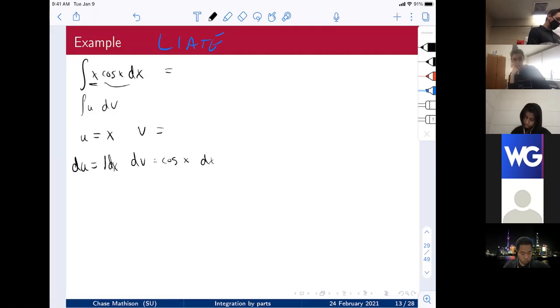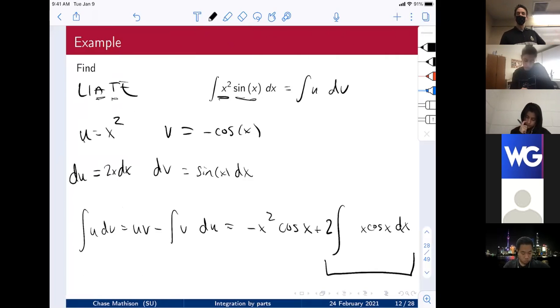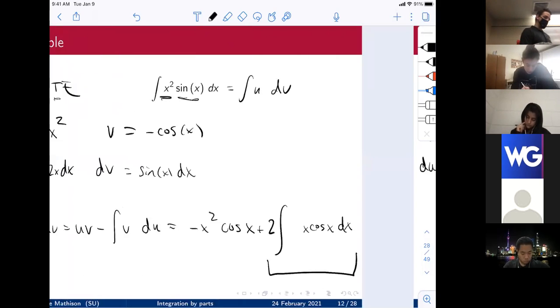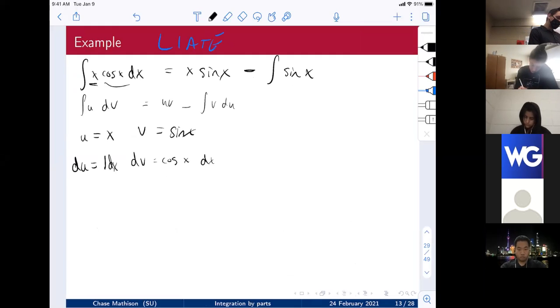And if dv is cosine of x, then what is v? Sine of x. Perfect. All right, so this new integral that we need to evaluate along the way to get our original integral becomes, well, this is u times v, so x times sine of x, that's uv, minus the integral of v du, that's minus the integral of sine of x dx.